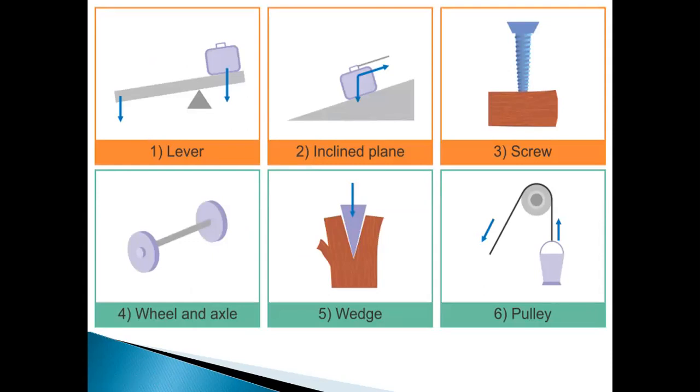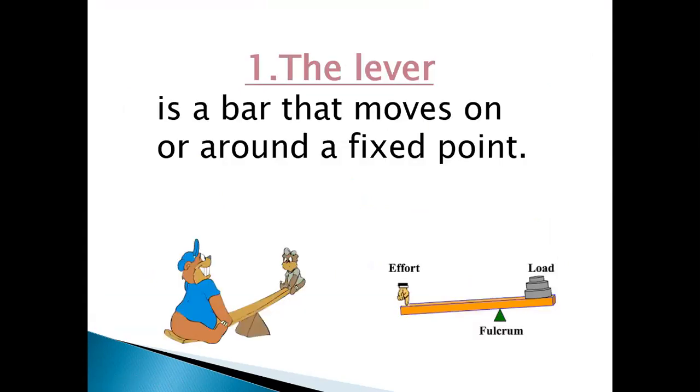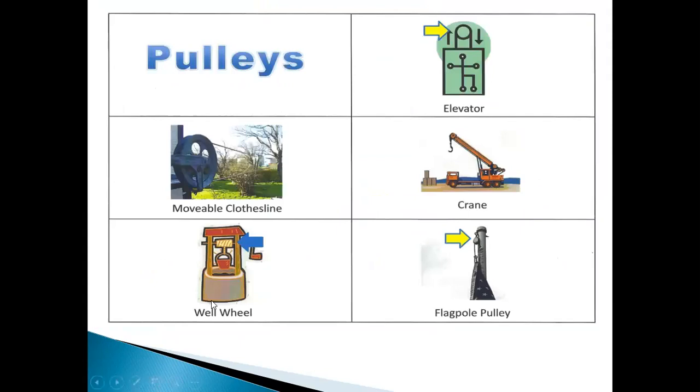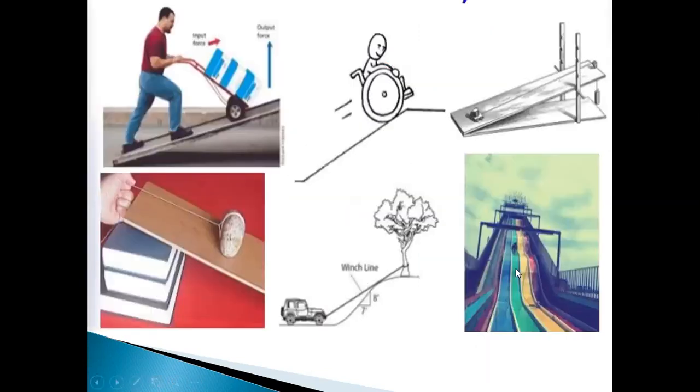Each one of them has examples in our daily life, and these examples are using the push and pull force. As the scissor, it's a kind of lever and it's using push and pull. As the well wheel, it's a kind of pulley and it's using push and pull. Like the inclined plane, for example, the slide, you are pushing yourself down the slide so as to go down.